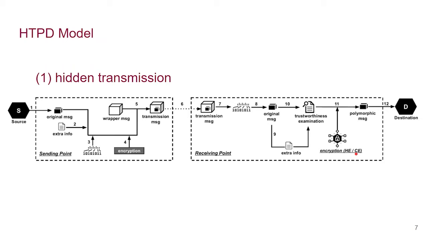Because of this polymorphic behavior, we call the message a polymorphic message and the delivery process polymorphic delivery. This is our model, and we implement it in Android as a middleware called PolicyC.